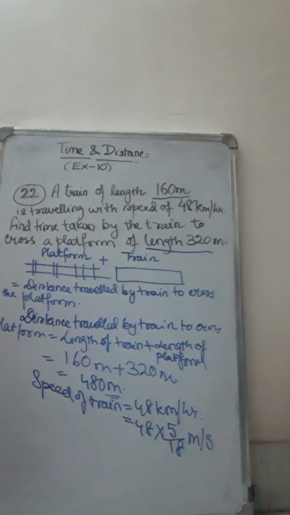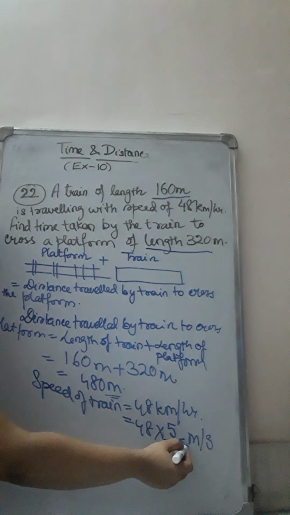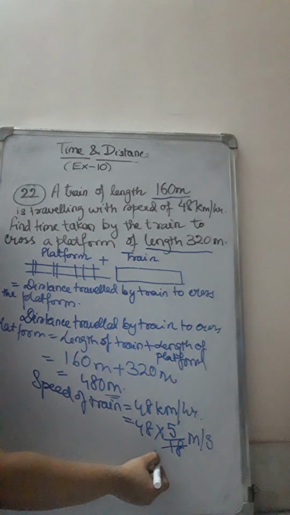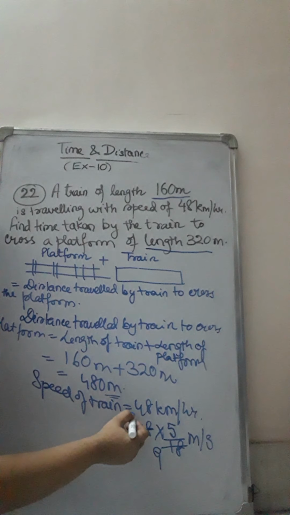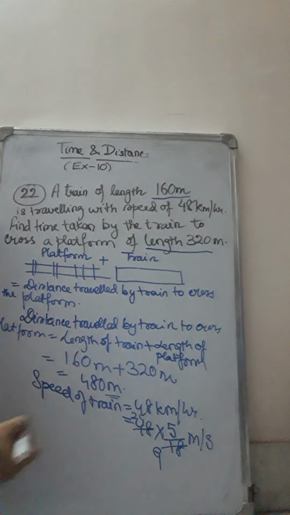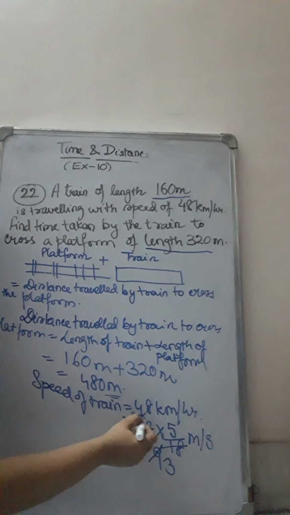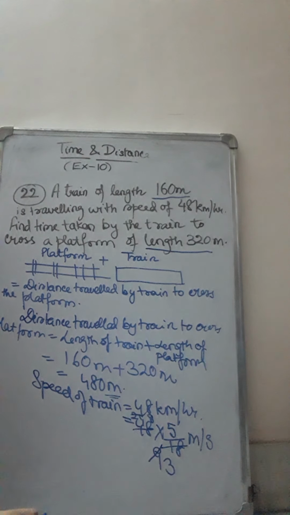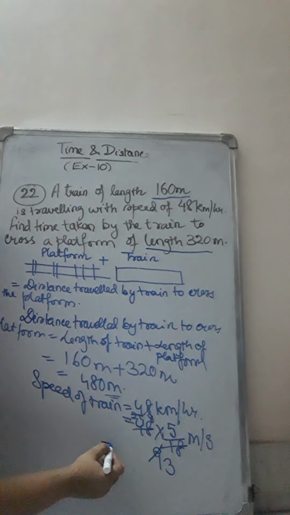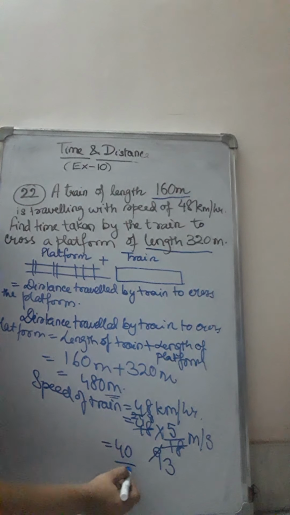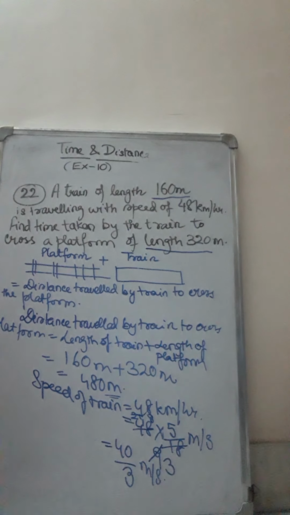Now you can cancel. 2 nines are 18, 2 twos are 4, 2 fours are 8. Now 9 and 24 go with 3: 3 threes are 9, 3 eights are 24. Further we cannot divide. So 8 fives are 40 on top, and down we have 3. We are not changing it into decimal, we will keep it as a fraction. So 40 by 3 meters per second is the speed.